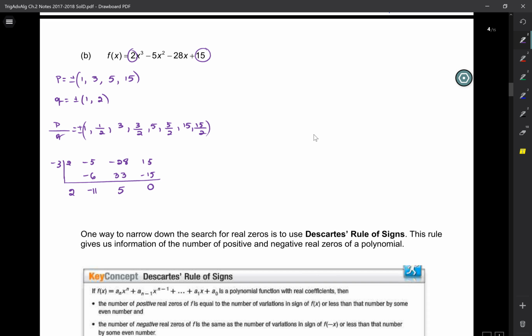Woohoo. Okay? Now, x minus negative 3. And here, it's going to be 2x squared minus 11x plus 5.